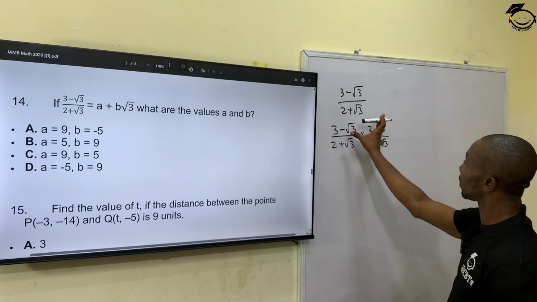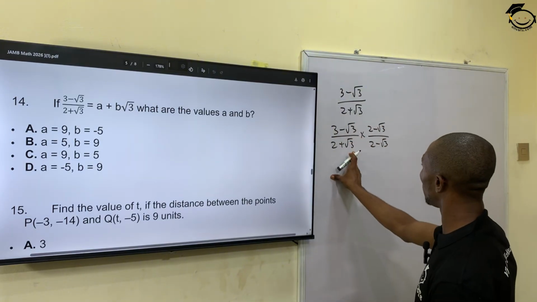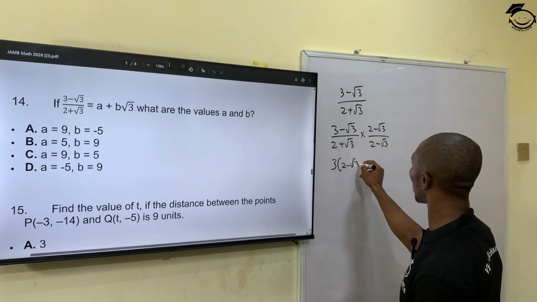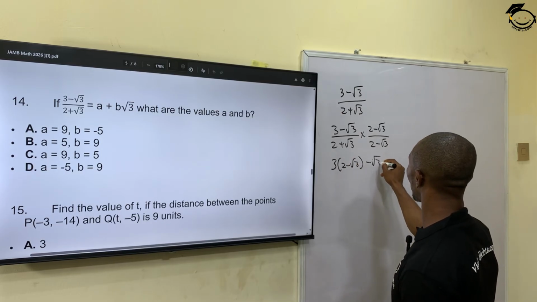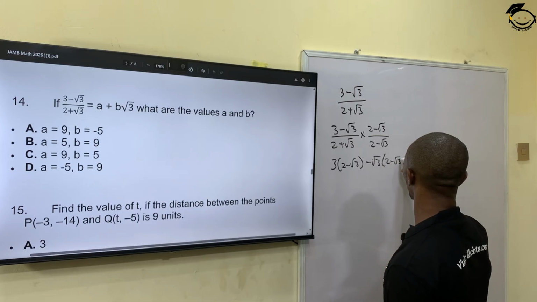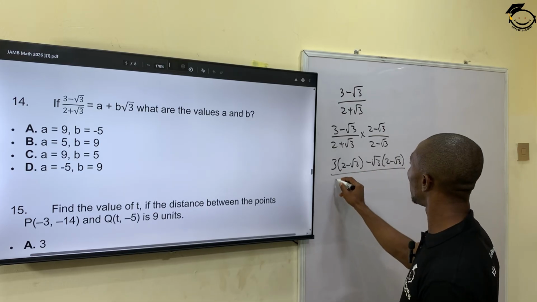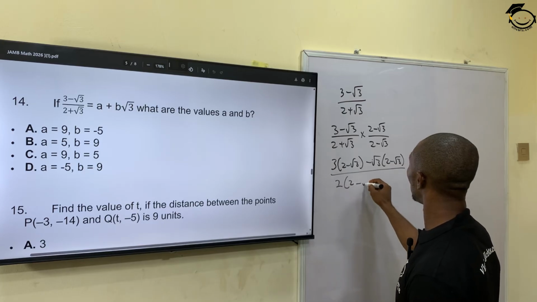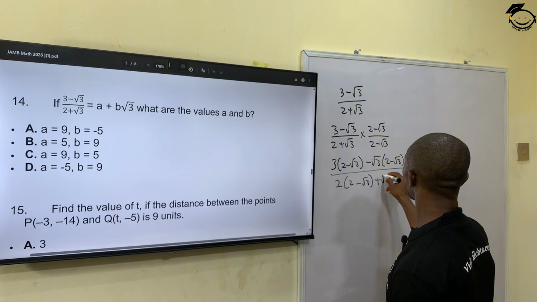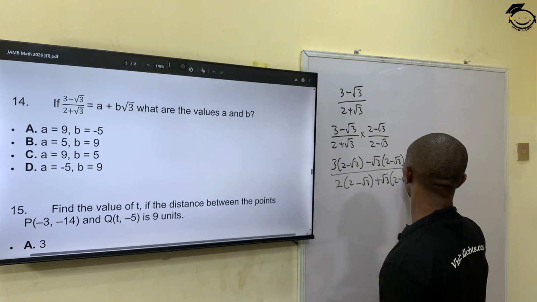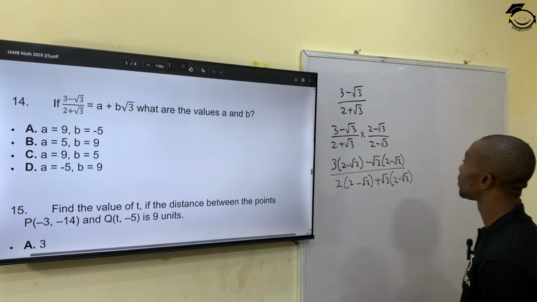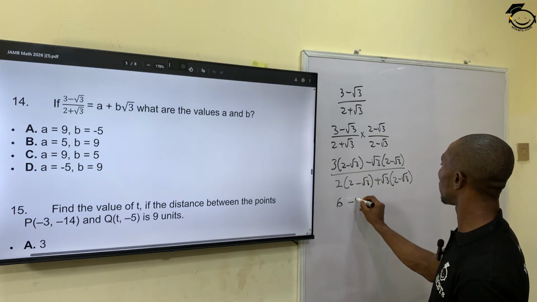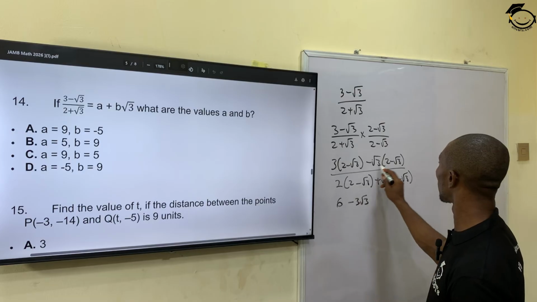Now expanding both our numerator and denominator, we would have 3 bracket 2 minus root 3 minus root 3 bracket 2 minus root 3, all over 2 bracket 2 minus root 3 plus root 3 bracket 2 minus root 3. With this, 2 times 3 gives us 6 minus 3 root 3.